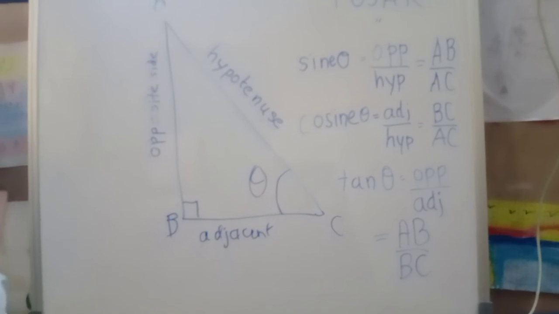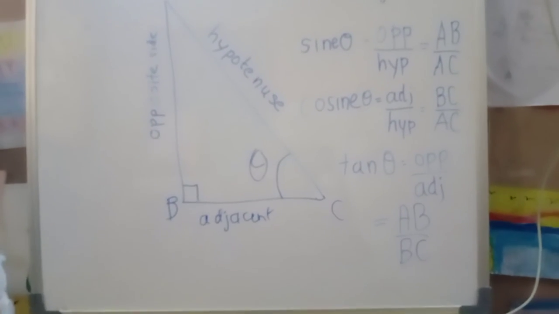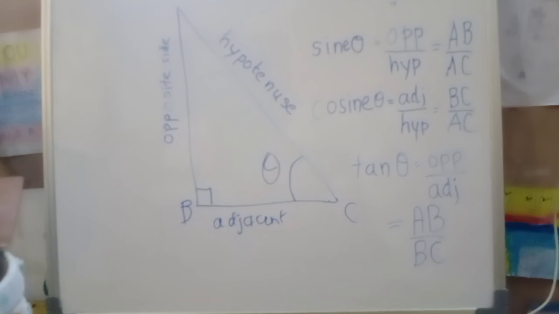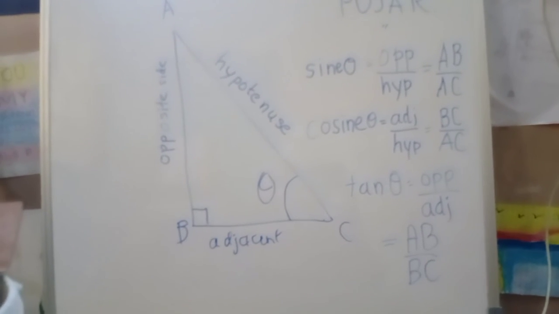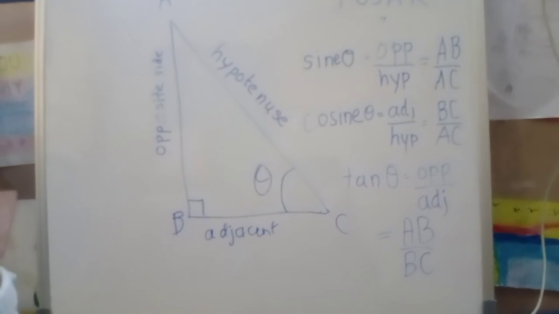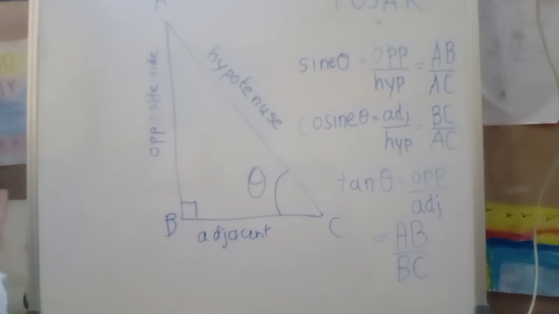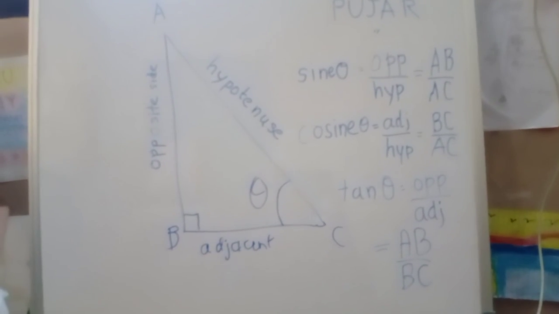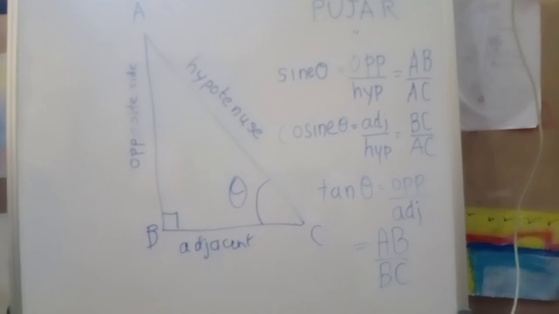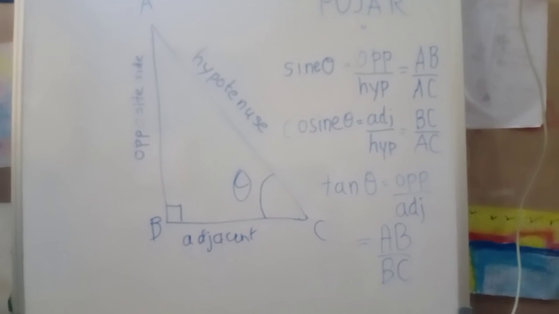Same thing applies to sin theta as well as cosine theta. These three are ratios and they are very well defined and they are fixed for a particular angle of a particular triangle. Hence, we will continue this in our next module.